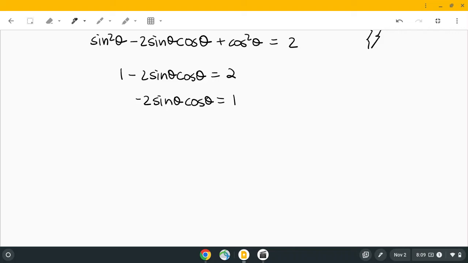So here, I'm going to go ahead and get rid of the negative on the side. So I get 2 sine theta cosine theta equals negative 1. And this here is actually our double angle. So I am going to use the double angle here for sine.